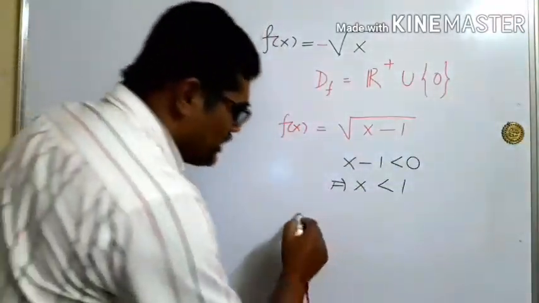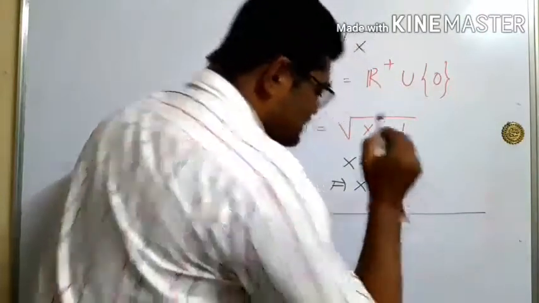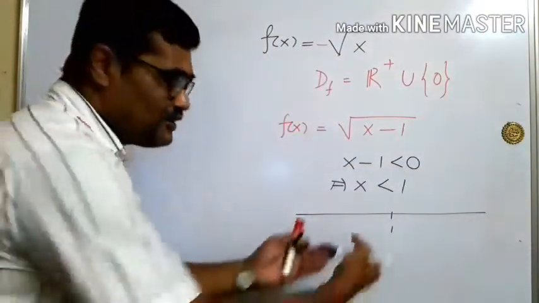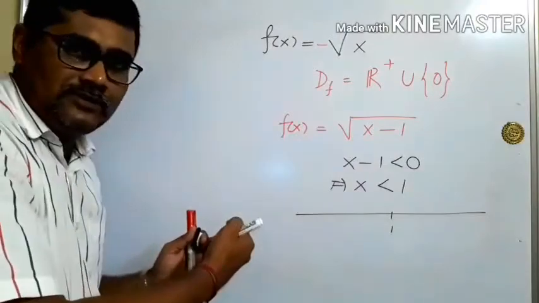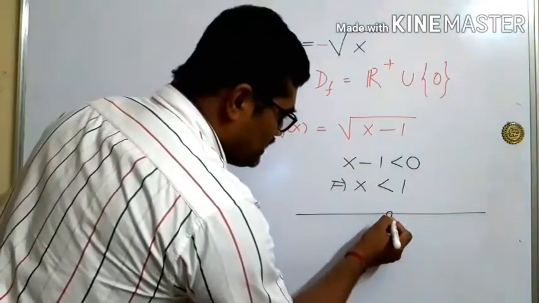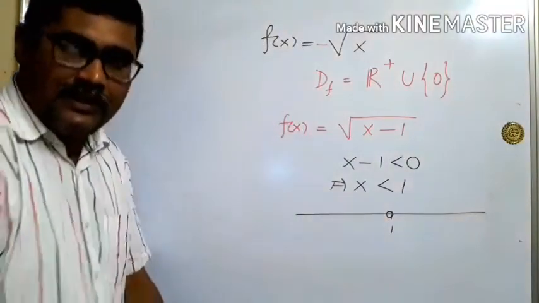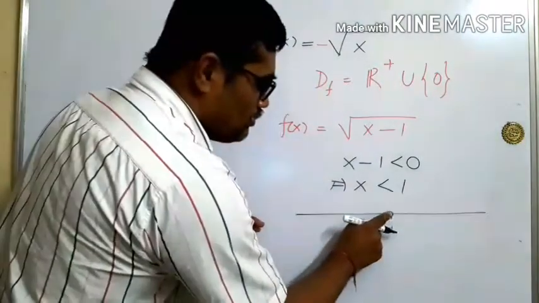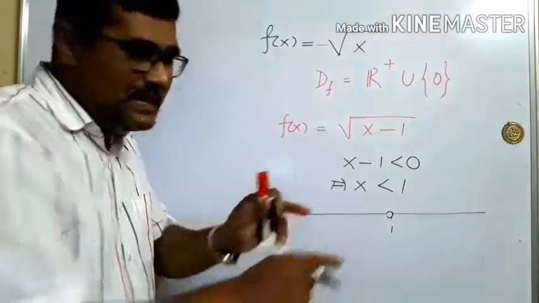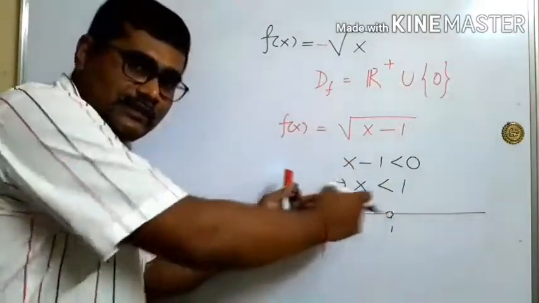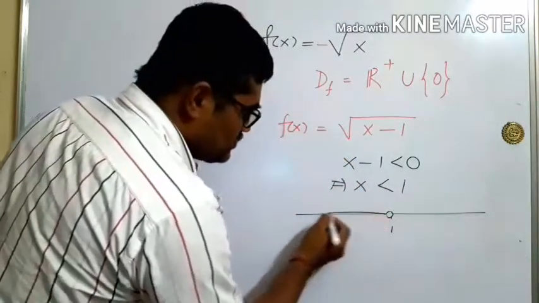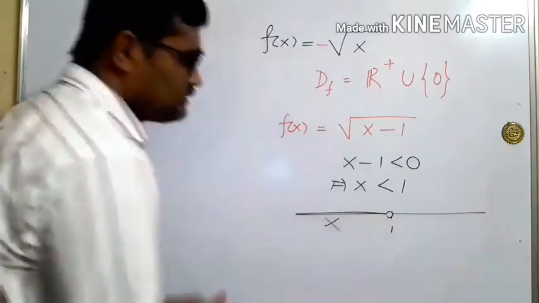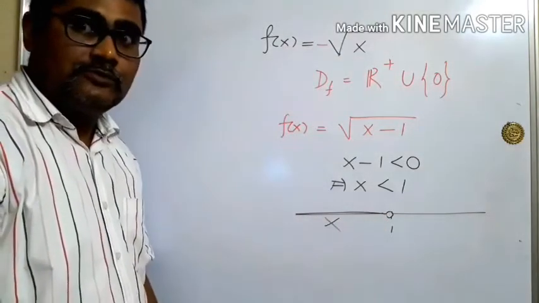So when we see the number line, 1 is here, and if I talk about less than 1, you have to go to the left side, and already in set theory you got the interval. When I write an open bracket, it means there is a gap, blank, which tells you that I should not consider 1. This side I do not need.